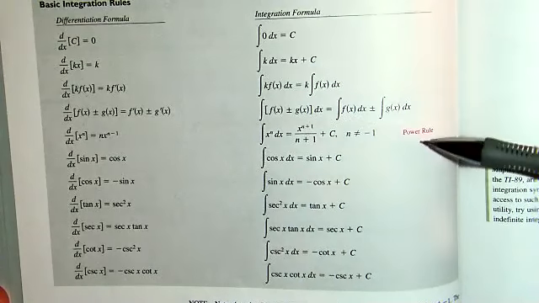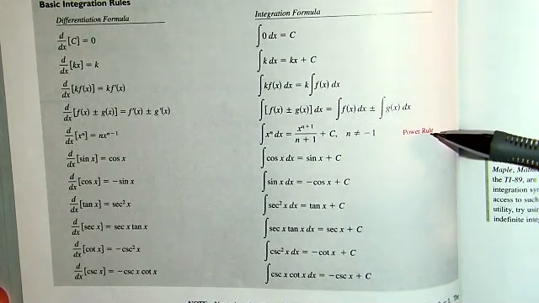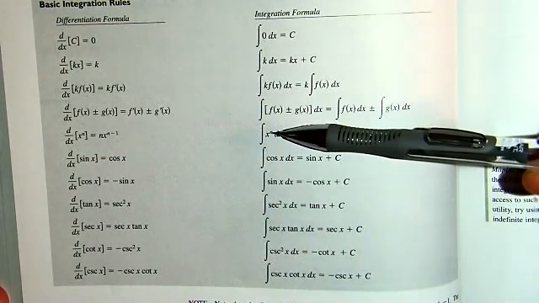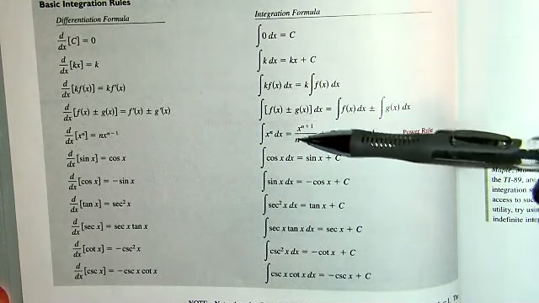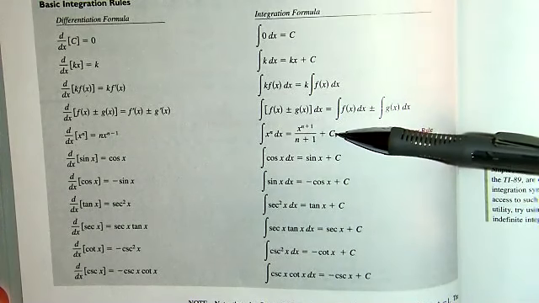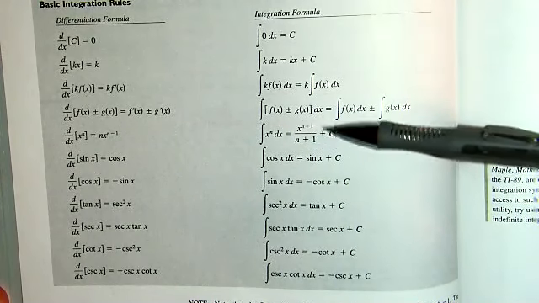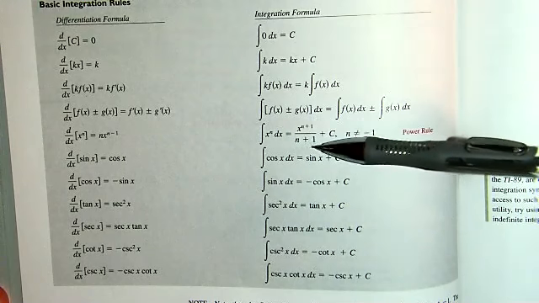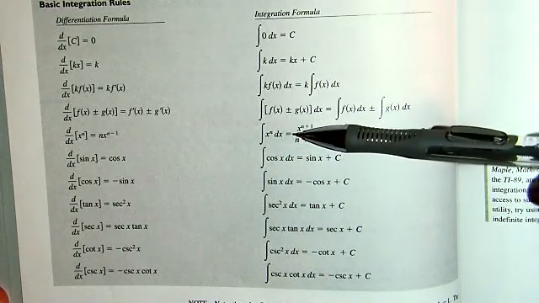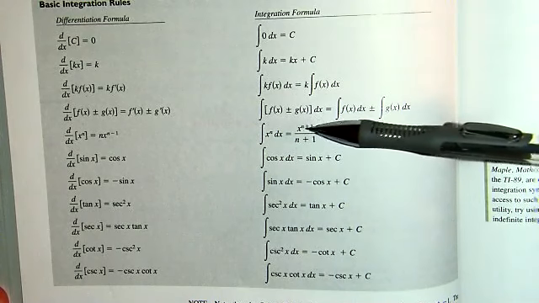Okay, this is the one that's really the most important one to think about right now, which is the power rule. So if I have the integral of x to the power n, the result is the antiderivative of this function, x to the power n plus 1 over n plus 1, plus this constant. So again, right, if I were to take the derivative of this, how would I do that? I would take n plus 1, that's the exponent, bring that out front, and then reduce this by 1.